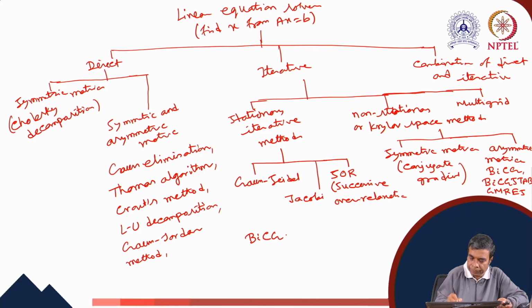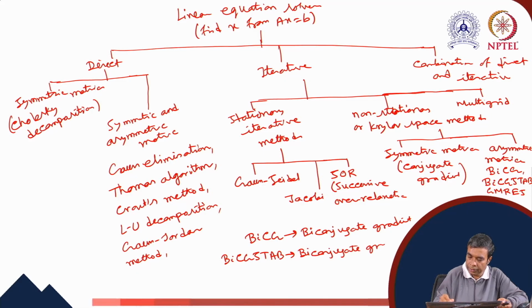So here, BICG stands for biconjugate gradient. BICG stab stands for biconjugate gradient stabilized.